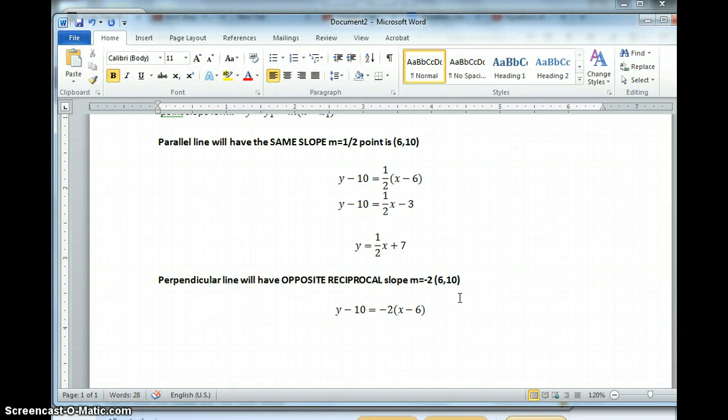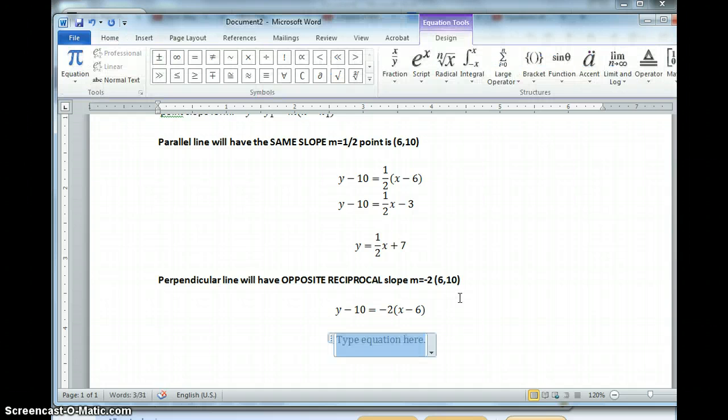After we distribute the negative 2, we have y minus 10 equals negative 2x, because negative 2 times x is negative 2x, and negative 2 times negative 6 is a positive 12. Last step is to add 10 to both sides.